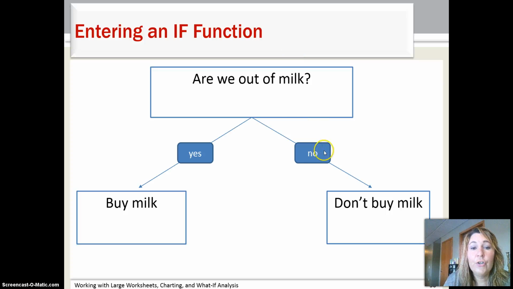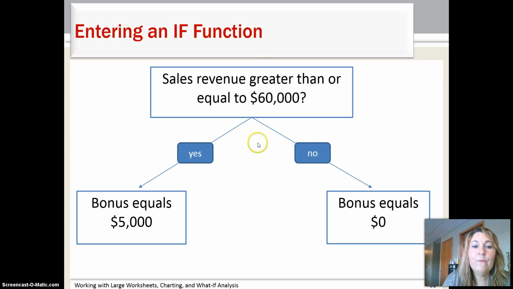If the answer is no, we are not out of milk, what should we do? Don't buy any milk. So you guys can figure this one out because this is a simple everyday formula, and that's exactly the same thing we're doing here. But instead of having to look and see was the sales revenue greater than $60,000, we want Excel to look and do it automatically for us.